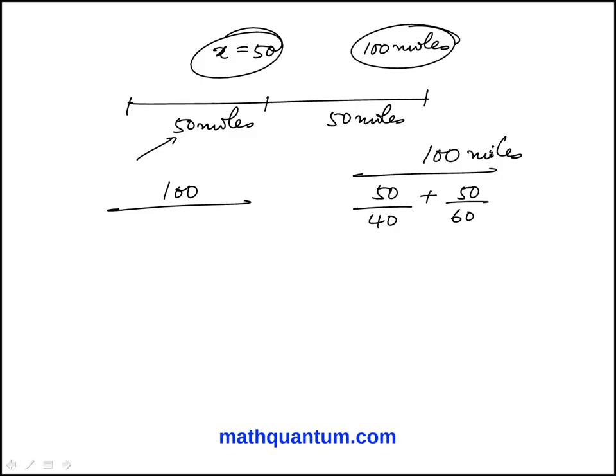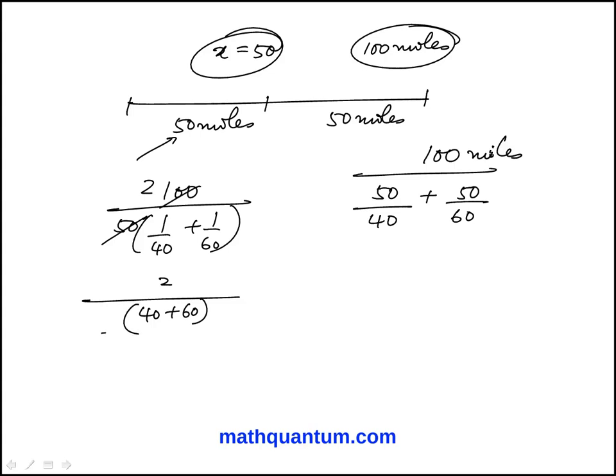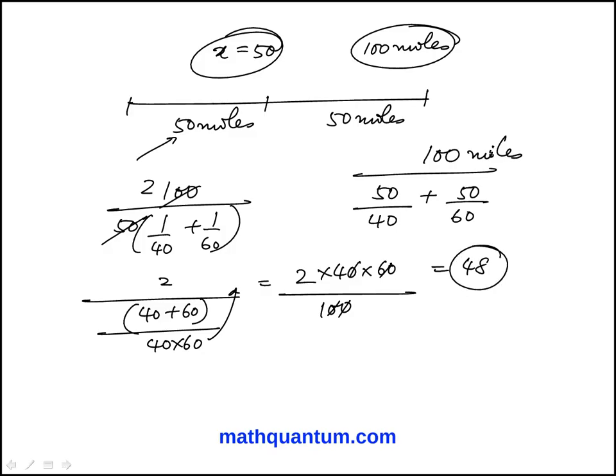And that I can factor a 50. So there's still some work to be done. And then this is 40 plus 60 over 40 times 60, which is going to go in the numerator. So this is a harder problem because still some work has to be done. So then I get 48. So now, when x is 50, I need to get an answer of 48.